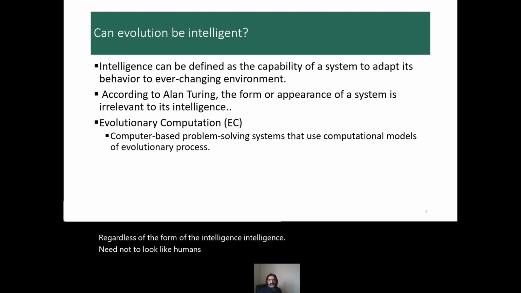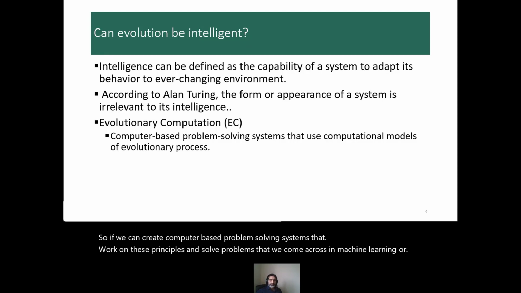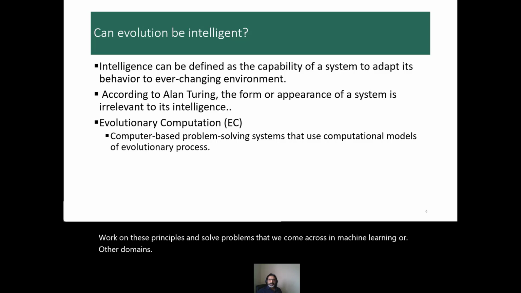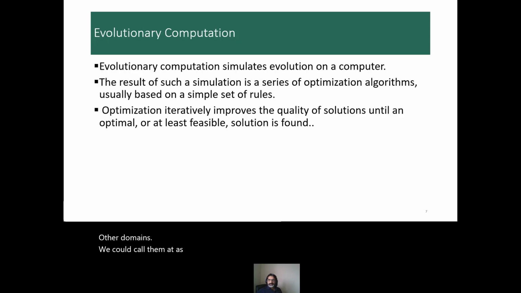If intelligence is defined as the power of adaptation, or becoming better over many generations, then yes, evolutionary computation is intelligent. If we can create computer-based problem-solving systems that work on these principles and solve problems we come across in machine learning or other domains, then we can call them intelligent solutions.